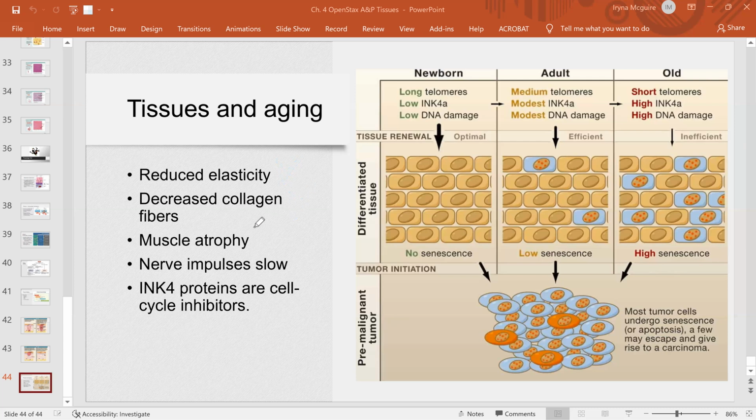If you're talking about muscles, we will have muscle atrophy, nerve impulses slow, and we have more of these INK4 proteins that will inhibit the cell cycle and prevent tissue from renewal. Right? Okay, so that's it for the last part of this chapter.